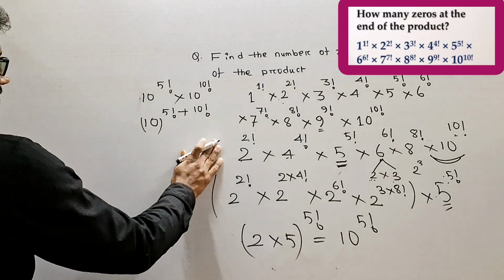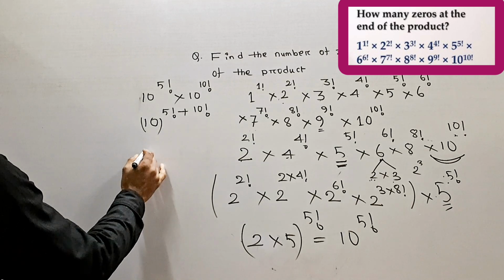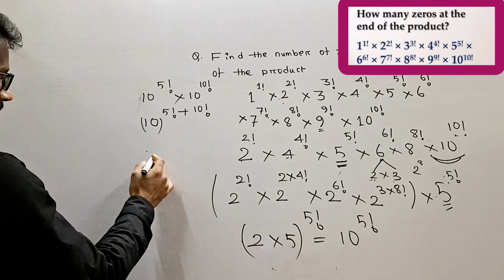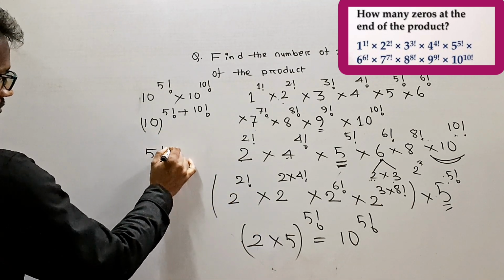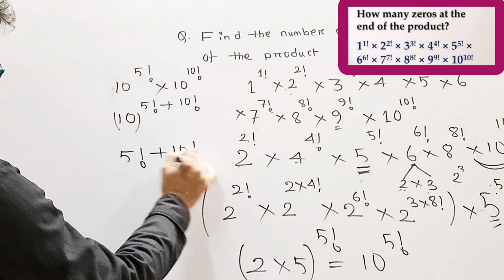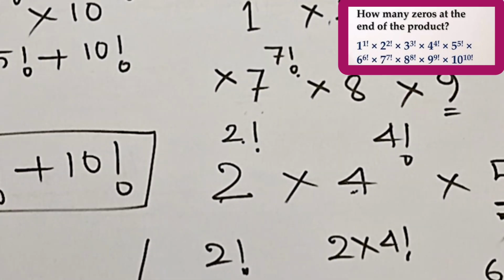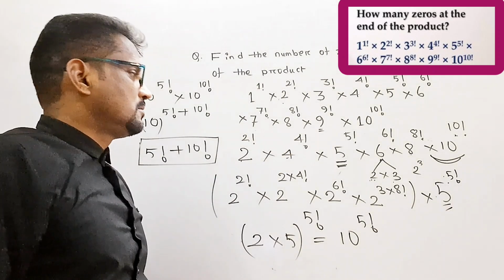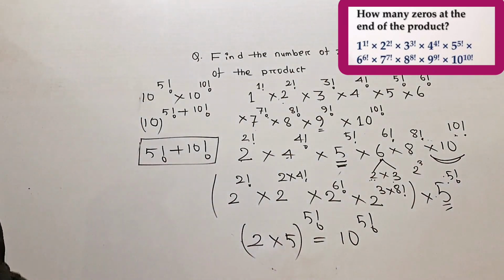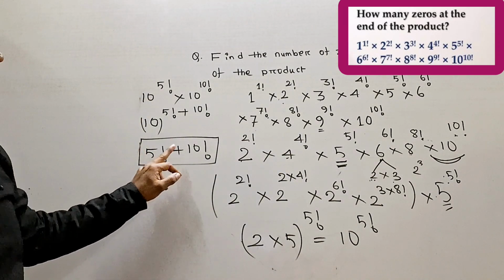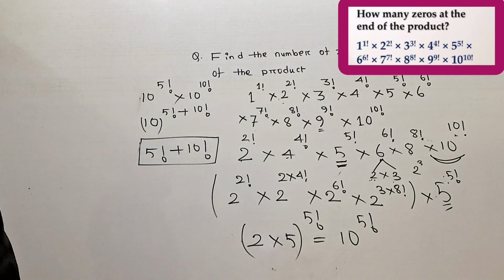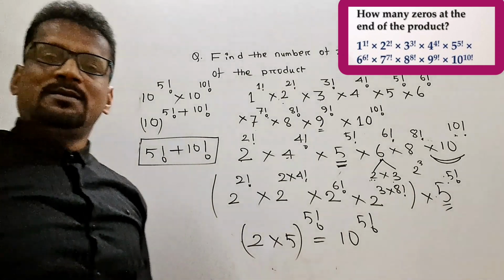Now you are confirmed how many zeros there will be at the end: 5 factorial plus 10 factorial. This is your answer. At the end of this number, there will be 5 factorial plus 10 factorial number of zeros.